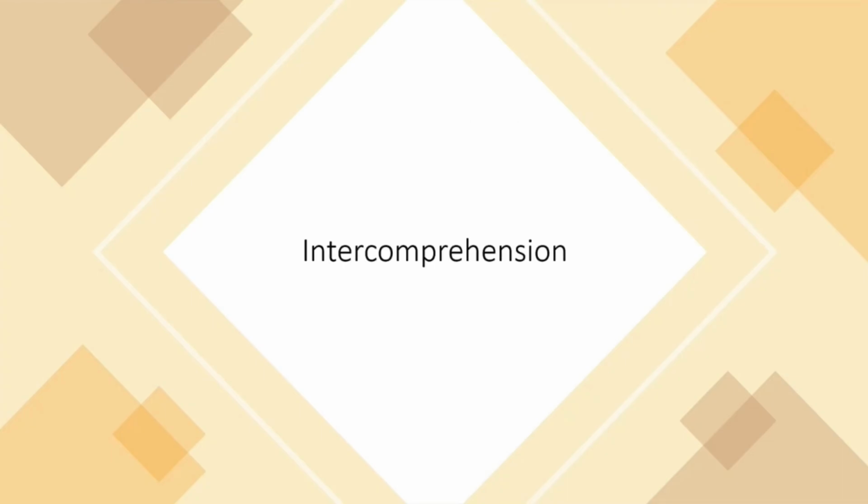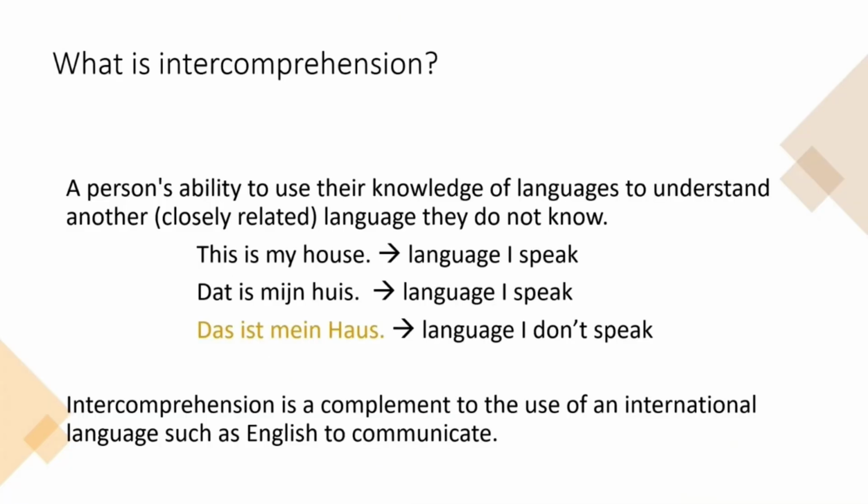And the final approach is the intercomprehension approach. So the idea is that if you know a language, you can use that language to understand other languages that are related to that one. So here you have, this is my house, which is a language I speak, it's English. Dat is mijn huis, it's another language that I speak.